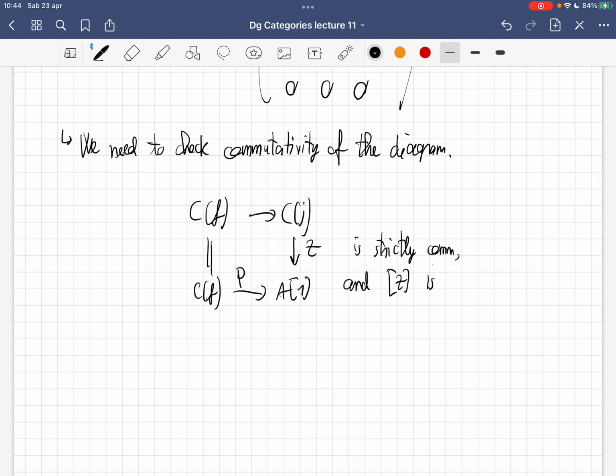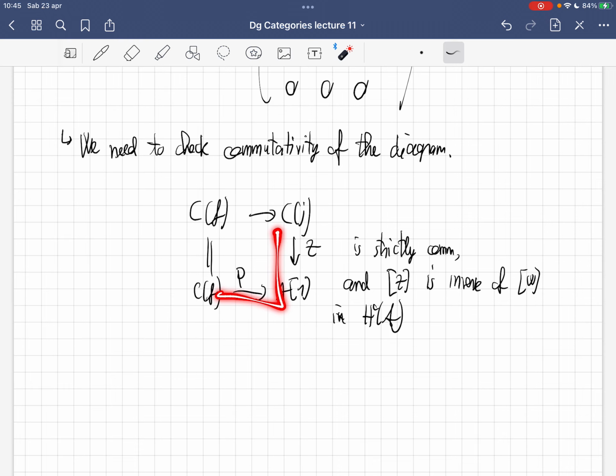And this is the inverse of this in H0. Using this, you have strict commutativity with this Z here, and this is the inverse, so you can prove that doing this and this is the same as doing this and this, because you can use the commutativity of the other one to check it. So in the end it works.